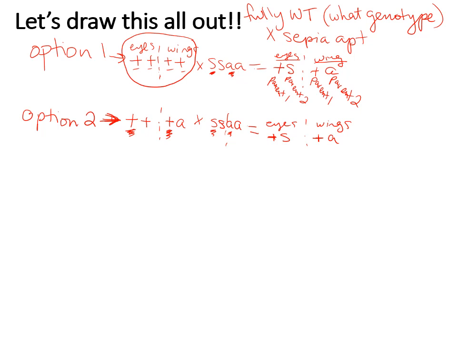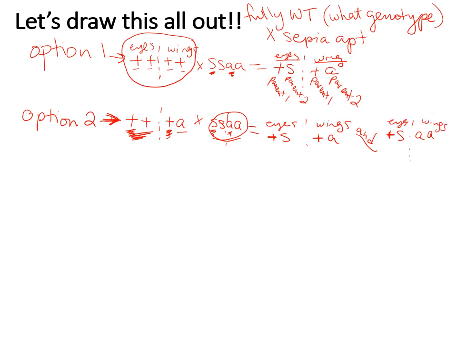What other flies can happen? Well, parent 1 can only give wild type for eyes, but look, it has 2 different options for wings. So what if parent 1 gives wild type for eyes, but for wings it gives apterous? Well, no matter what, the second parent is going to give S and A, for eyes and wings.